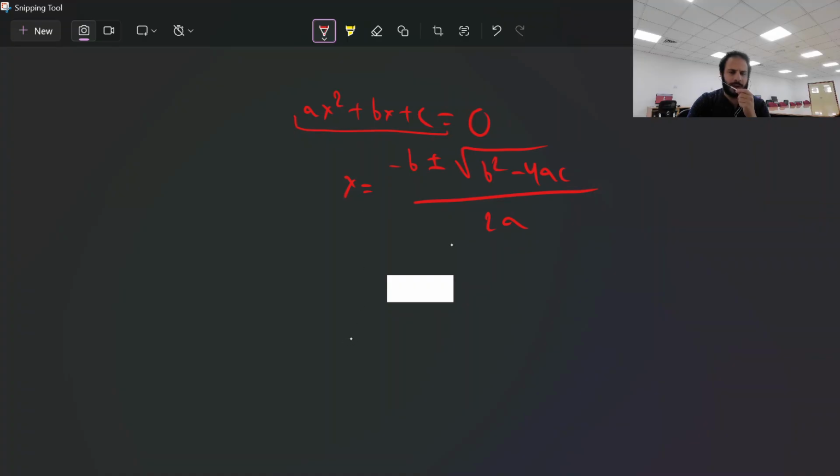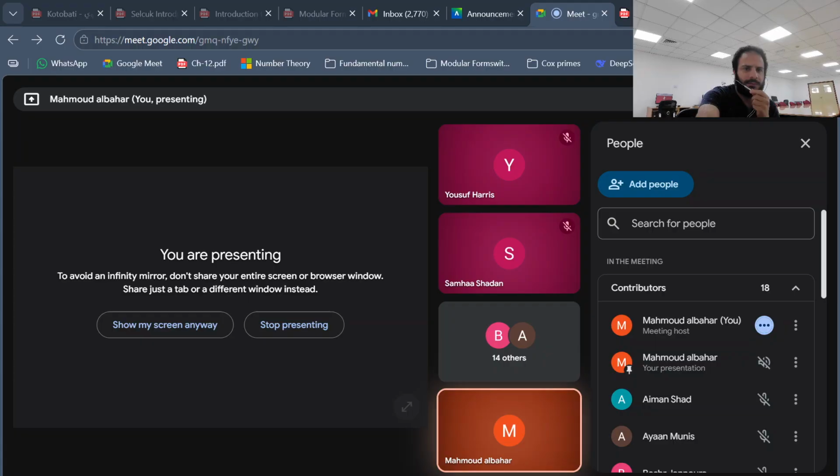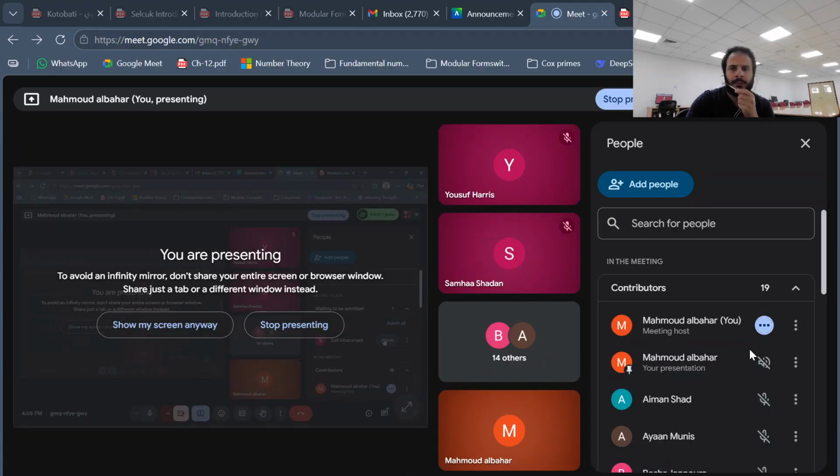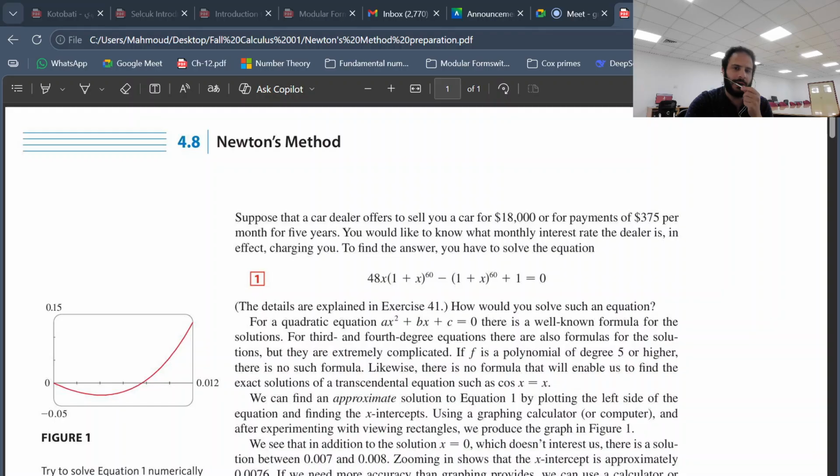What about the cubics? We do have one, but it's very long. It's not just long, it's also useless. I will show you the formula.